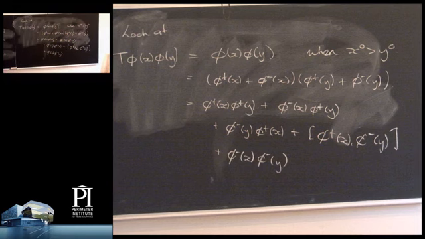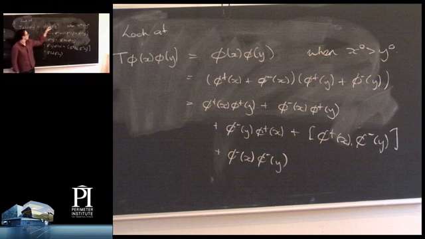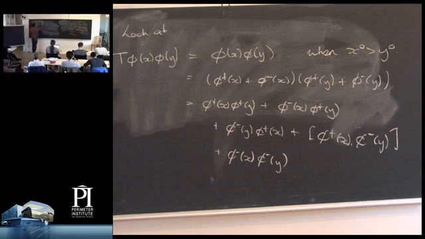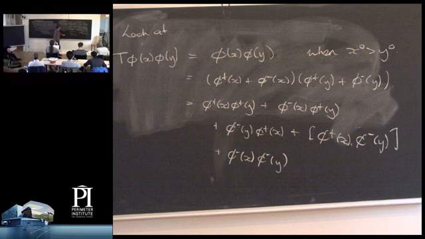Okay, all good? So what have we got? This, and this is the definition of the normal ordered product of phi x and phi y. And what we're left with is this commutator. So the difference between the time-ordered product and the normal ordered product when x0 is greater than y0 is this commutator.